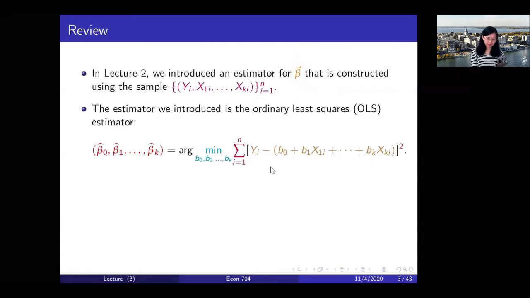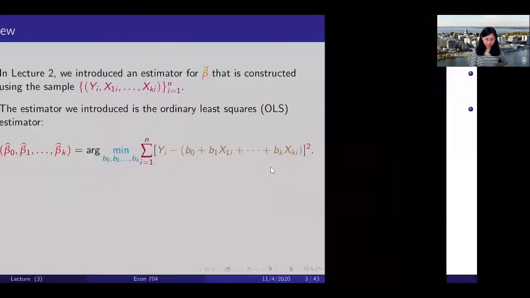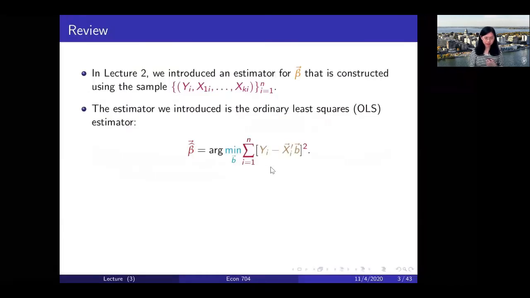That estimator is based on a sample of size n, and it is the ordinary least square estimator, which is defined to be the minimizer of the least square criterion function. We introduced some matrix algebra to help us solve for an explicit form for the estimator.